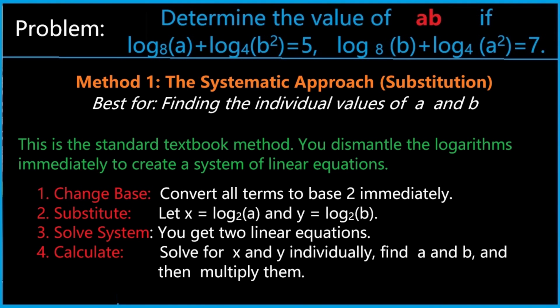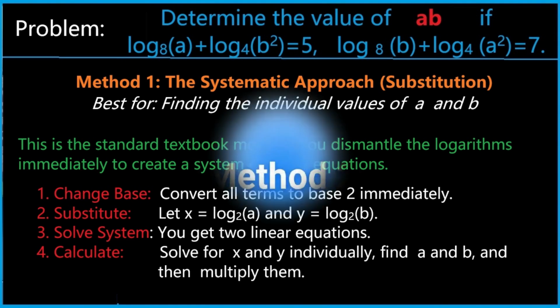Step 2. Substitute. Let x equal log₂a and y equal log₂b. Step 3. Solve the system. Use the two resulting linear equations to find x and y. Step 4. Calculate. Convert back to A and B, then multiply to get their product.